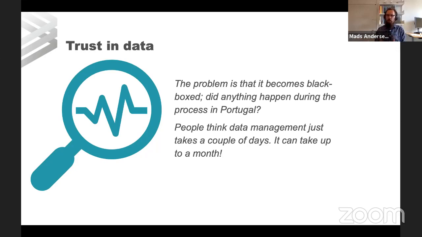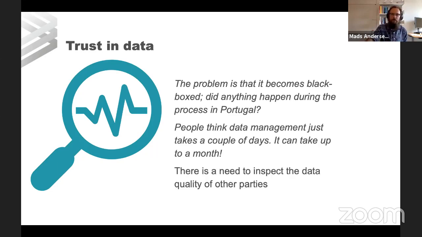And they were really worried about this black box property of not being able to actually inspect the data from another country. So there is really a need to inspect the quality of the other parties, at least in this explorative medical sense that we looked into.